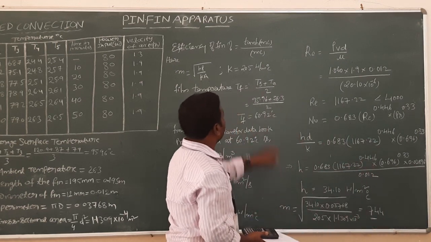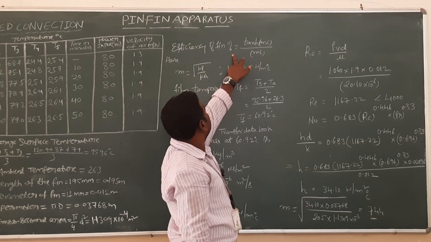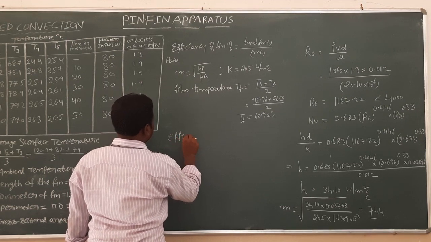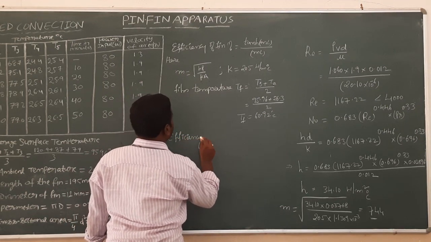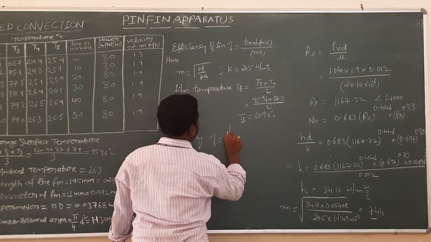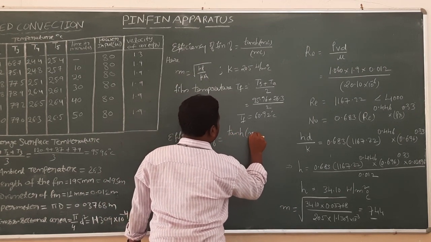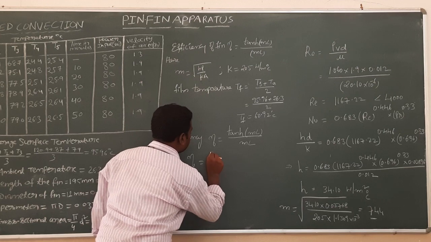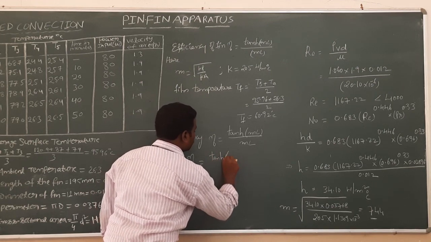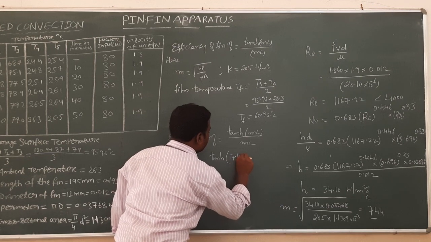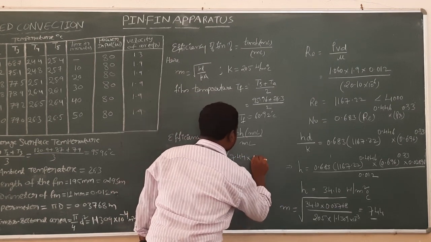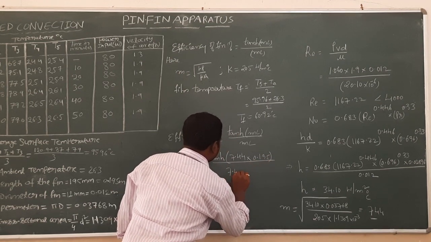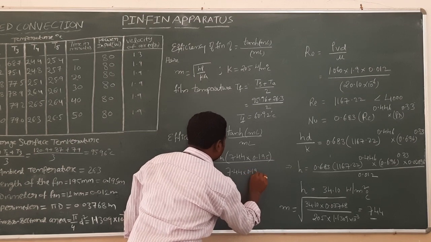So, substitute the value of m and length of the fin in this equation, we will get the efficiency of the fin. Substitute the values in the efficiency formula. Efficiency equal to tanh(ml) divided by ml. So efficiency equal to m value, just now calculated the m value, length of the fin 0.195 meters, divided by 7.44 into 0.195.